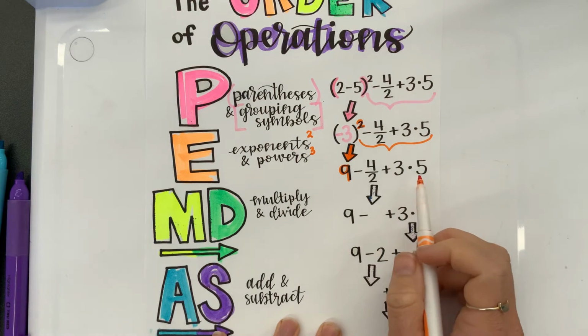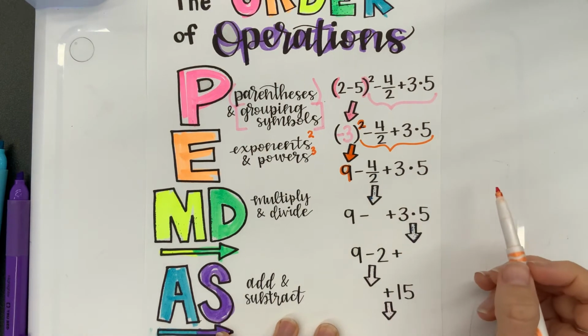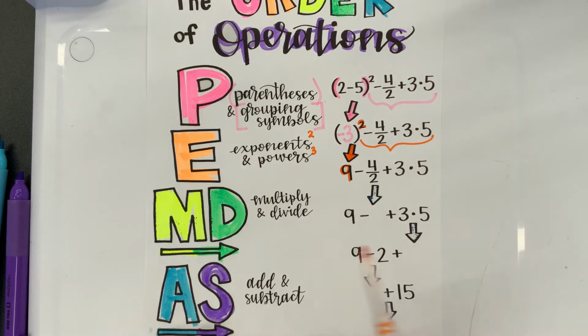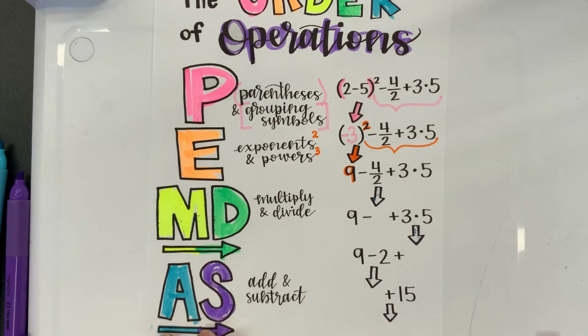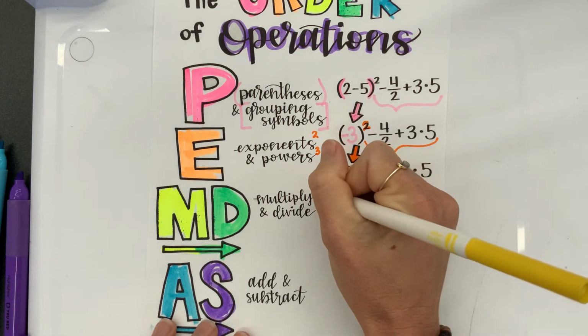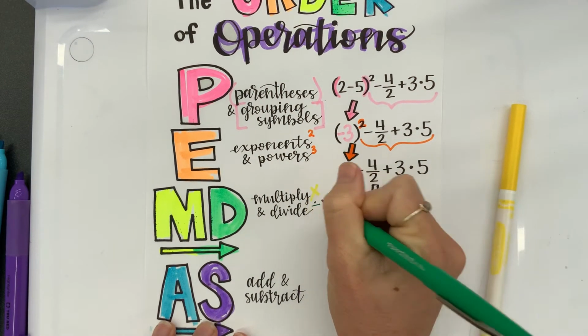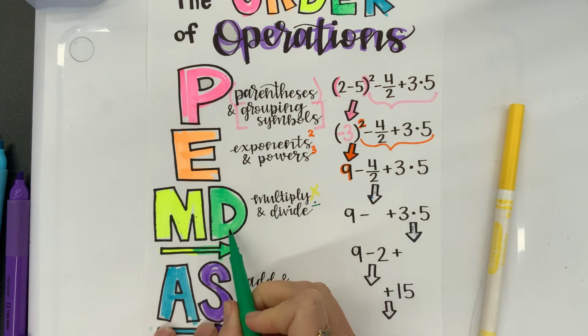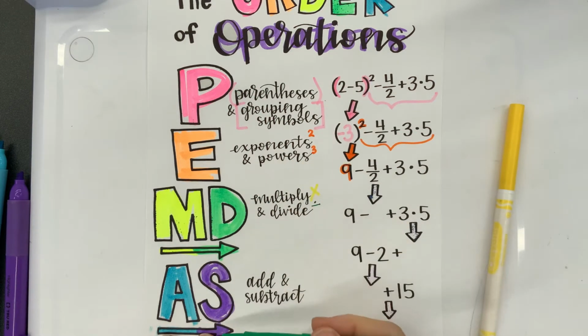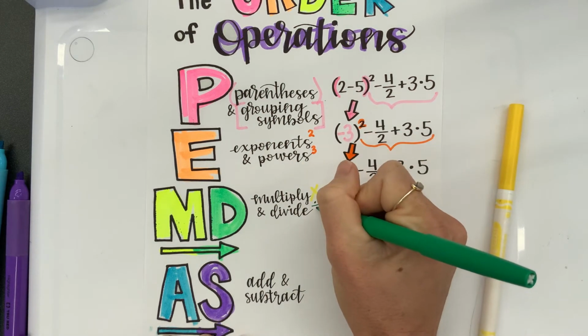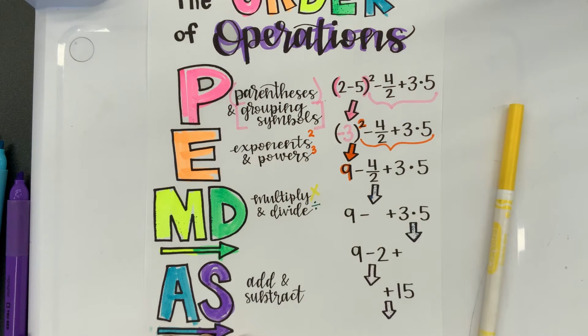All right, so the next step, this is the one that I often see students have the most trouble with. This step, multiply and divide. I think the reason why this can be tricky is because students assume that because multiply comes before divide when you use the acronym PEMDAS, you always multiply before you divide, but that's not actually true.